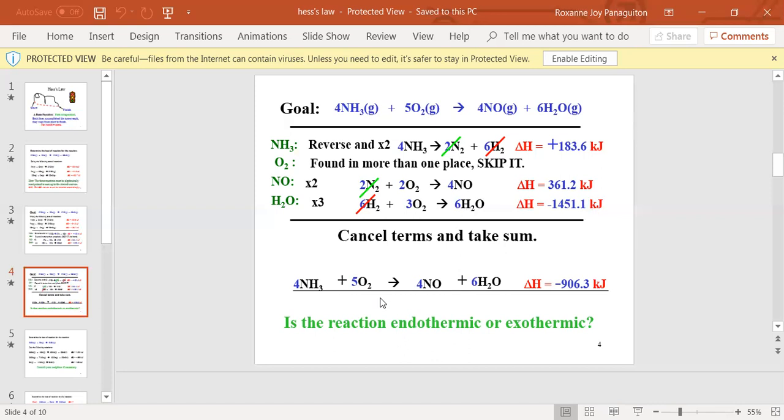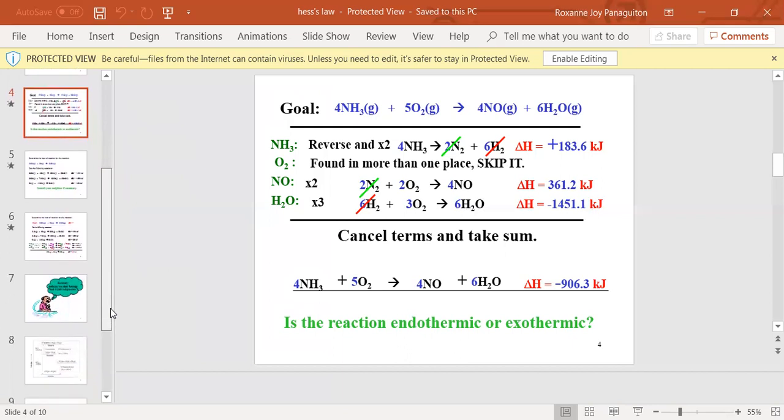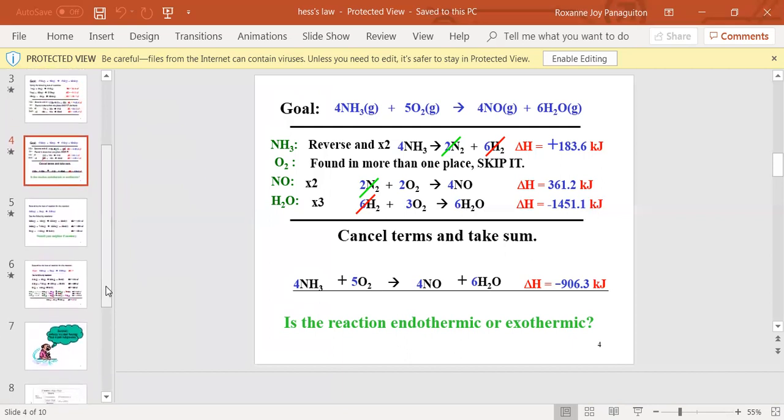Yes, this is an exothermic reaction because if you look at the enthalpy of the reaction, it has a negative sign. So, a negative delta H would mean that the reaction is exothermic. Okay? And also, this one is a combustion reaction. So most of the combustion reactions are all exothermic processes. Okay, let's have another example.